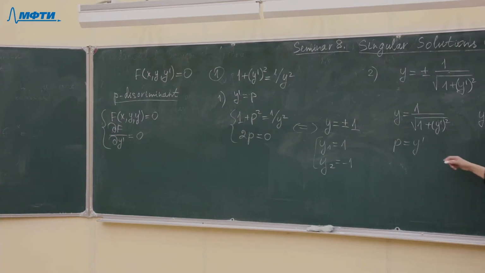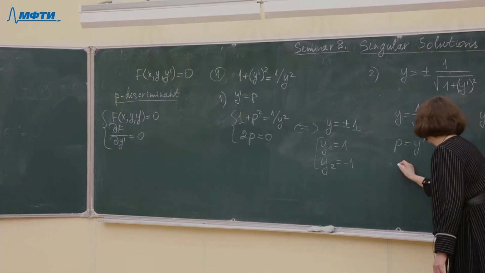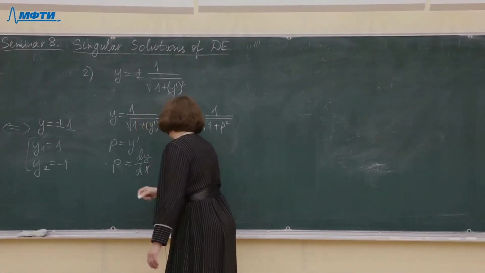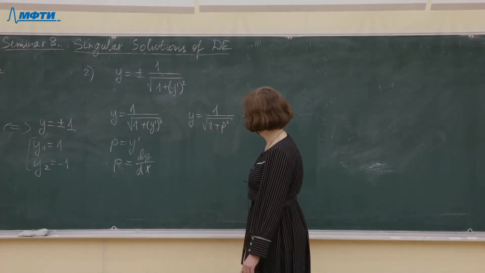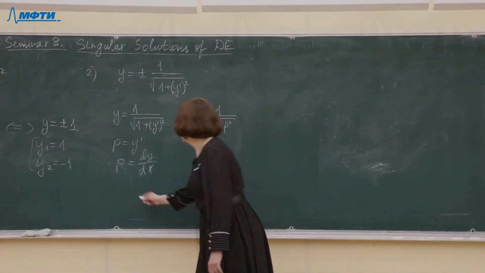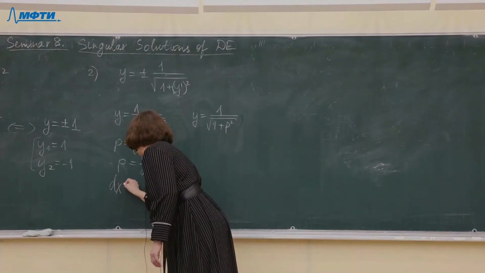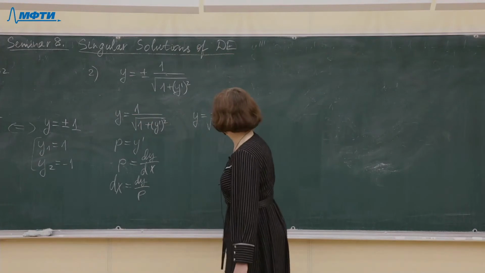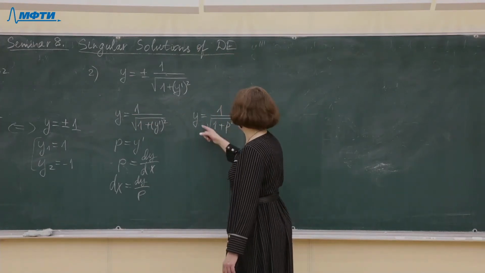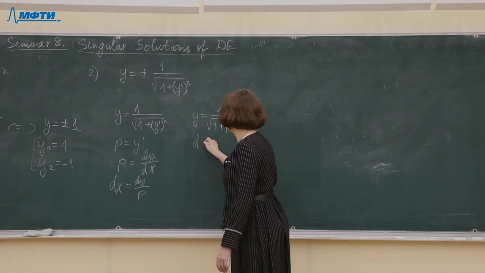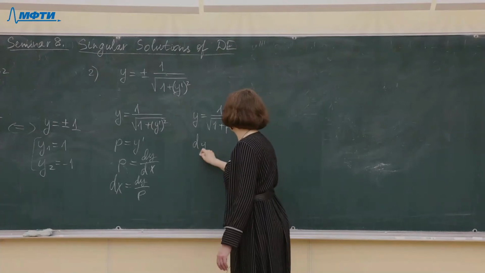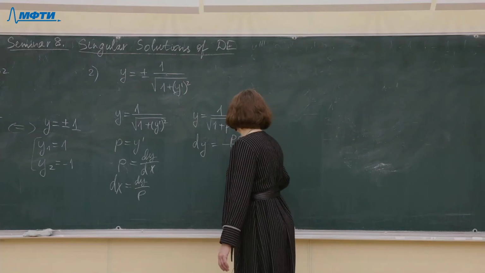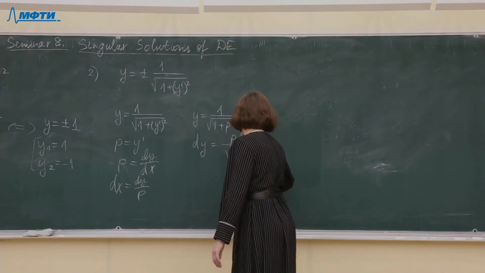And in addition, I know that p is equal to dy over dx. And so dx equals dy over p. I should find the differential of this equation. dy equals minus p dp over root of 1 plus p squared cubed.